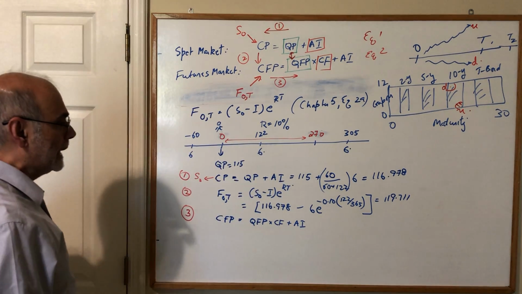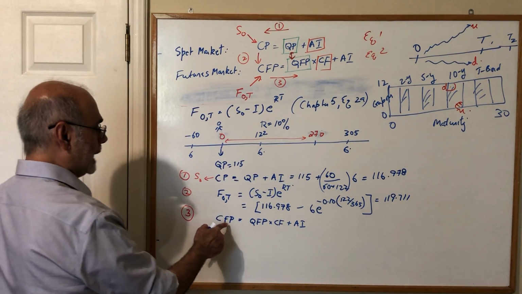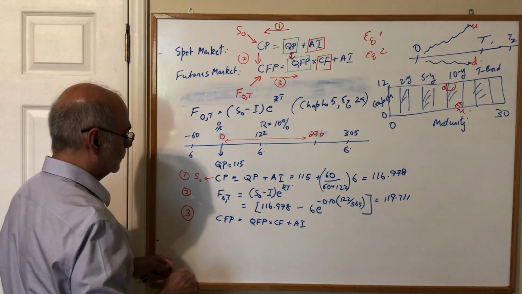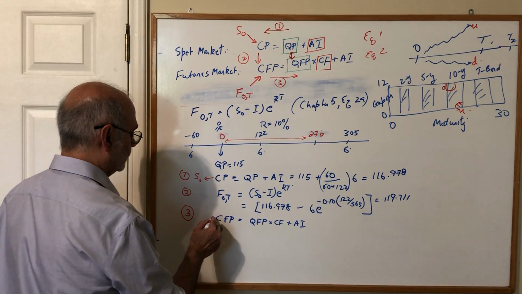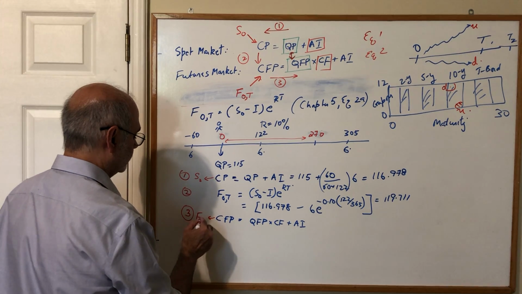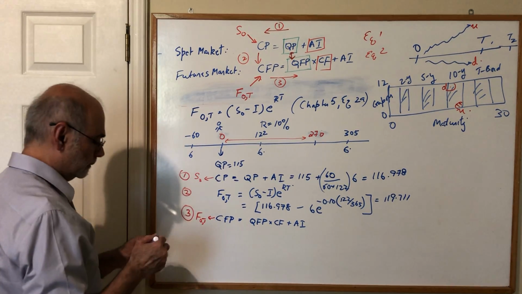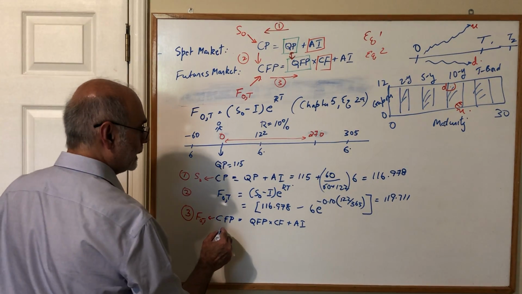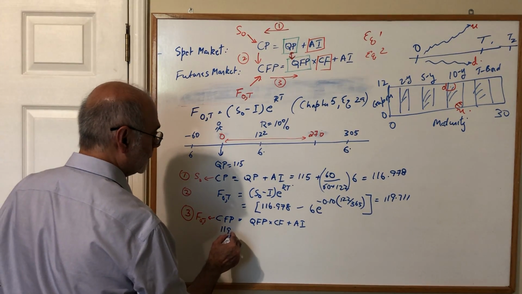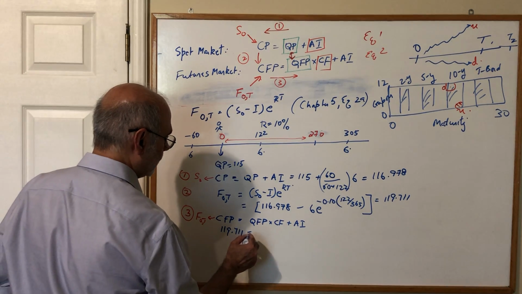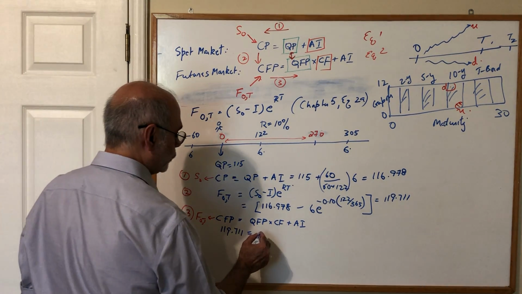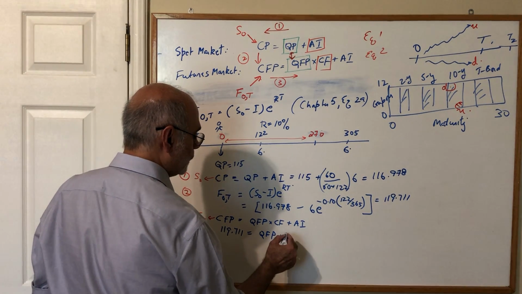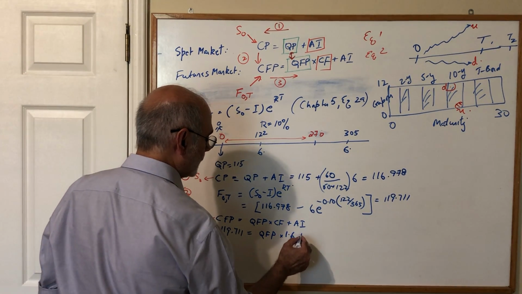Let's fill in the blanks. The cash futures price is what I calculated in the previous step: 119.711. The quoted futures price is what I want to solve for. The conversion factor is given by 1.6.